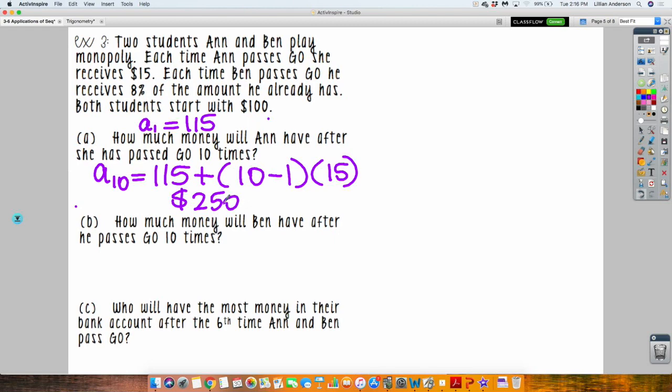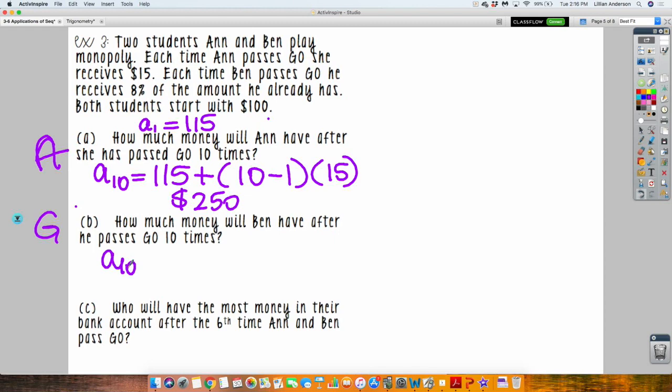Ben, what about him? He's geometric, okay? Ann was arithmetic. Ben was geometric. And if I make n 10, what is Ben's first term?